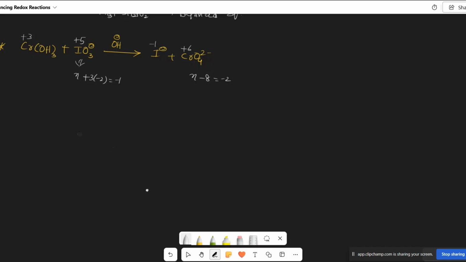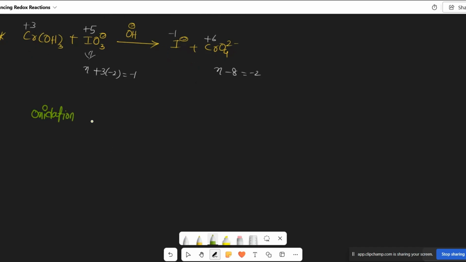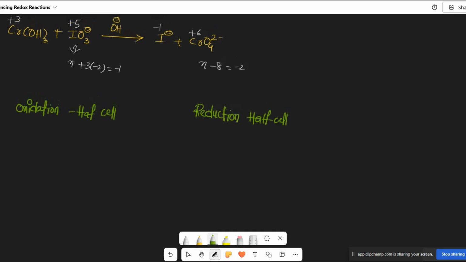So which is the oxidation half cell and which is the reduction half cell? I have told you previously, if the oxidation state is increasing, it generally results from loss of electrons.